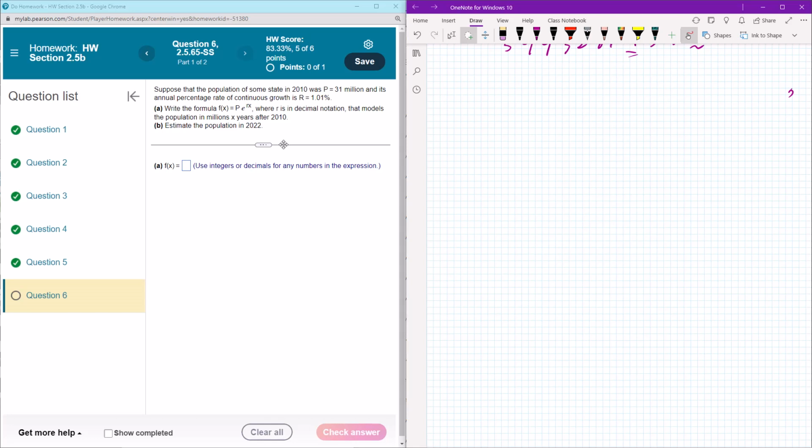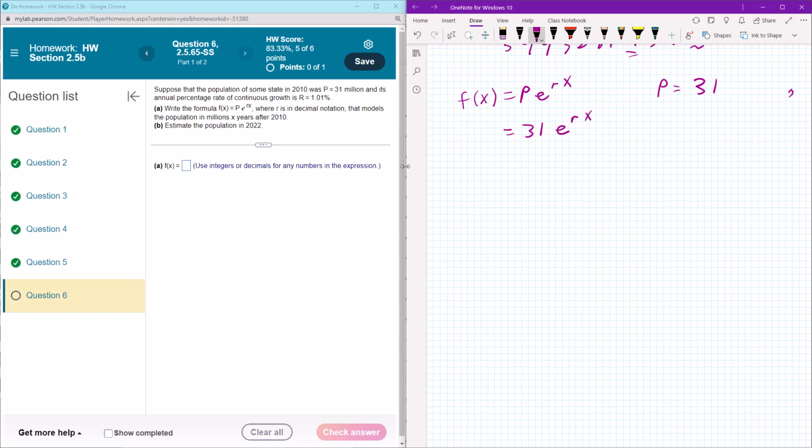So, the formula is of the form f of x equals P times e to the Rx. And they tell you that P, at least in the year 2010, is equal to 31 million. So now we have that f of x is equal to 31 e to the Rx. So all we need to do is figure out what R is.